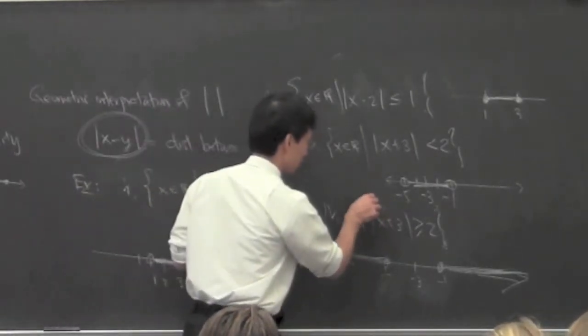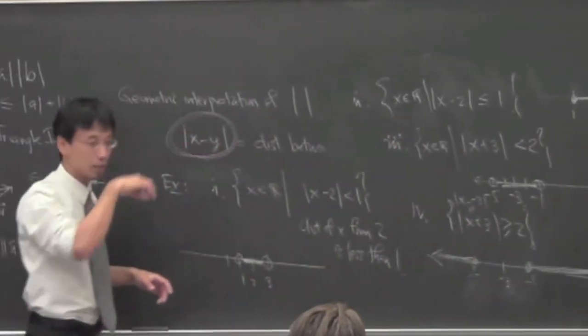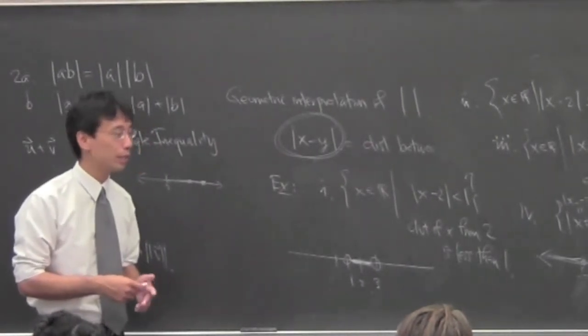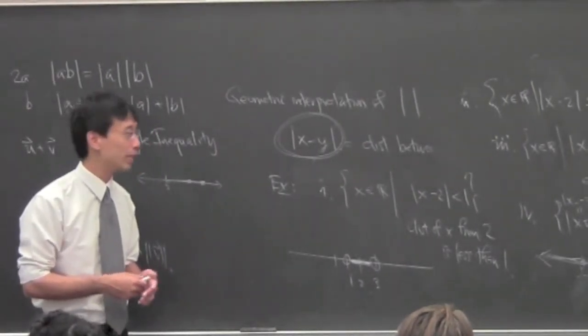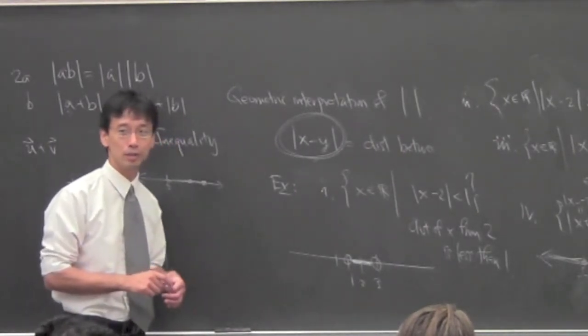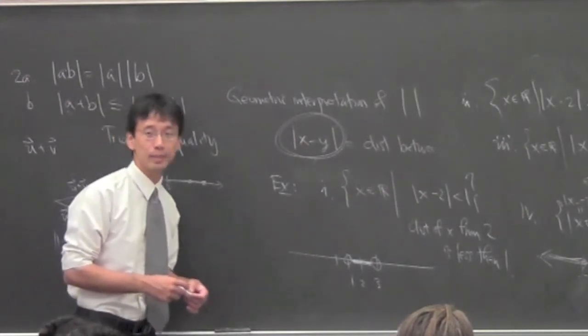So this is the absolute value of a difference. If you want to think about this as distance, and you don't have to, but if you want to, it's very fast to do this problem if you think of it this way.